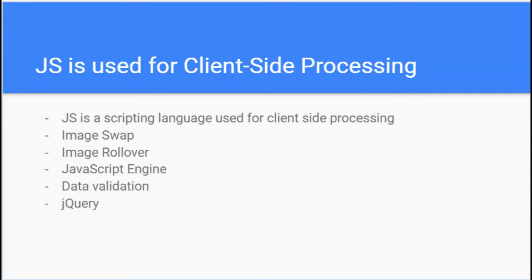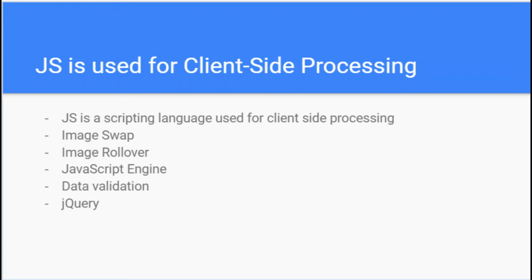JavaScript can be used to change images that are shown without using server-side processing, a technique known as image swap. Similarly, if a user were to mouse over an image, it could be replaced with another image over the top of it, and when the user removes the mouse again, it is replaced with the old image. This is called image rollover.